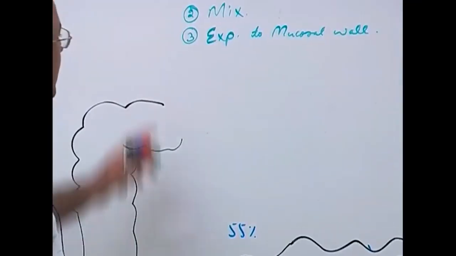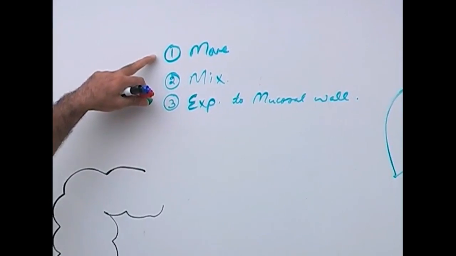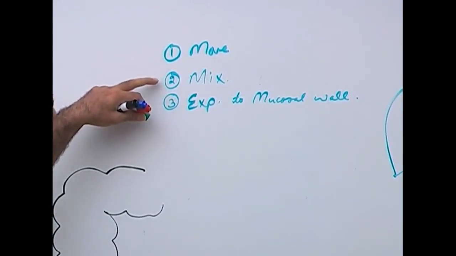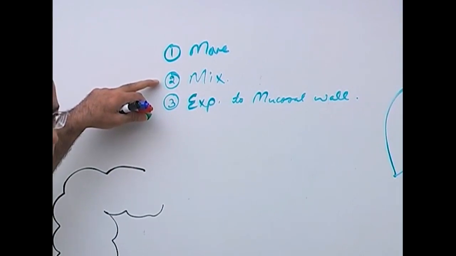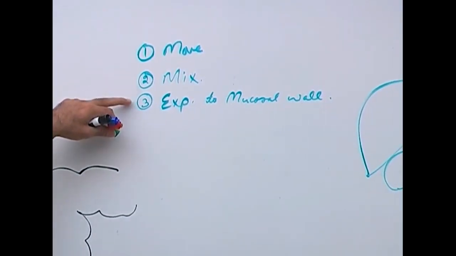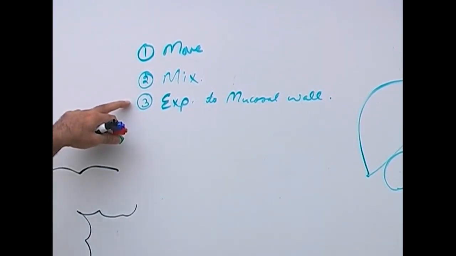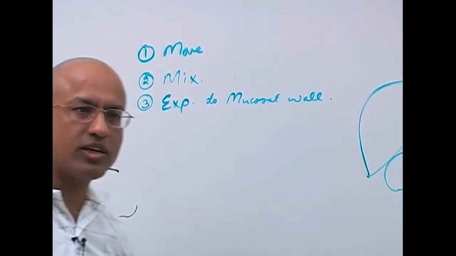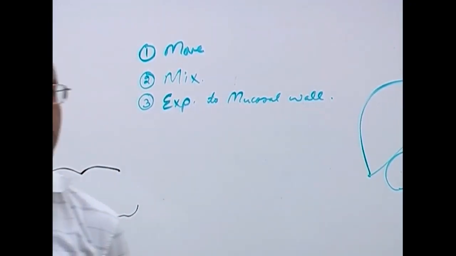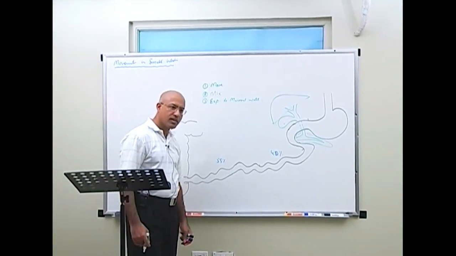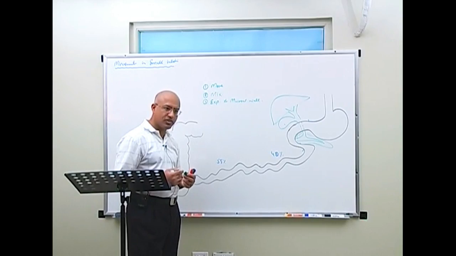So small intestinal movements move the contents, so there should be peristaltic movement, and there should be mixing movement to mix the contents or chyme with the secretions, and of course moving and churning the content in such a way that more and more contents of the small intestine come in contact with the mucosal wall, so that there is absorption of digested material.